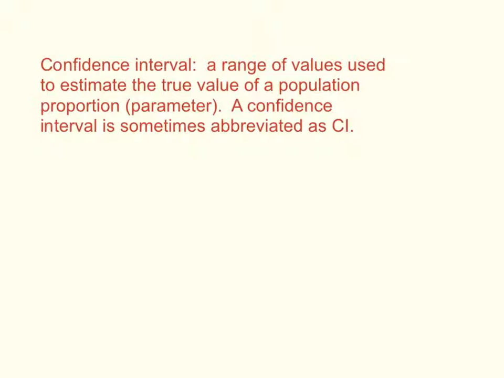Along with confidence intervals, we also sometimes use the phrase confidence level. Usually we use 3 common confidence levels: 90%, 95%, and 99%. Those are the 3 that we see the most often.